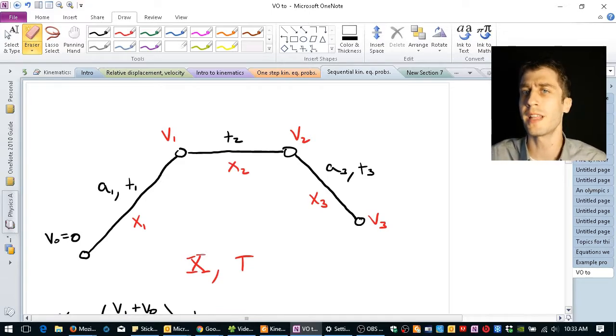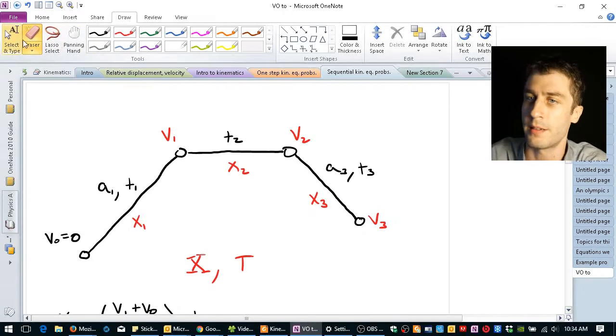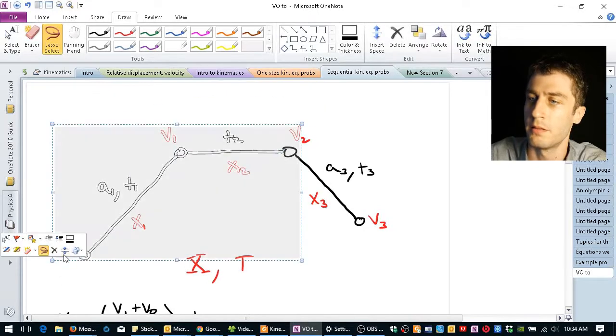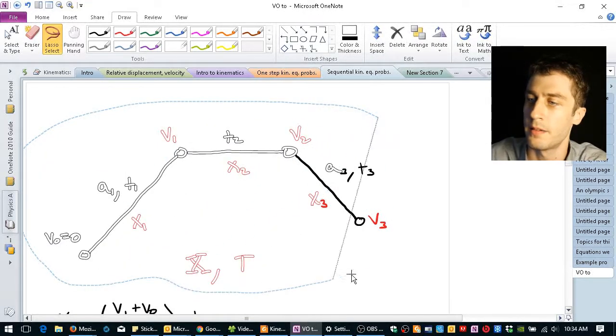Okay, before we do that, let me talk about a better system of equations that we could use to solve the same problem. So let me copy my figure here, just to have it on hand.